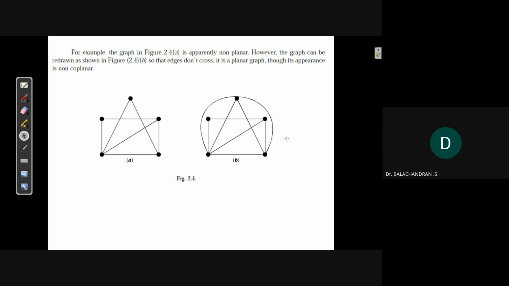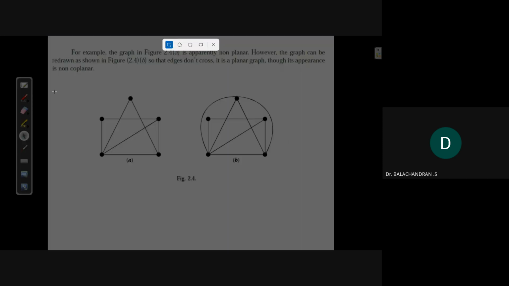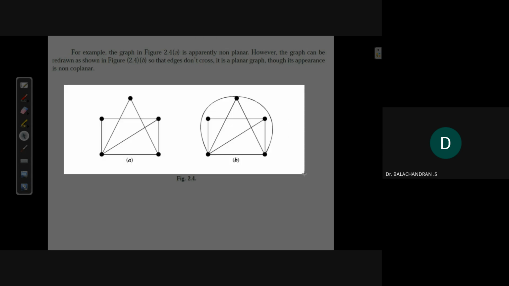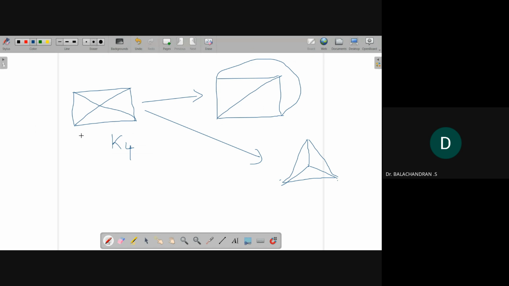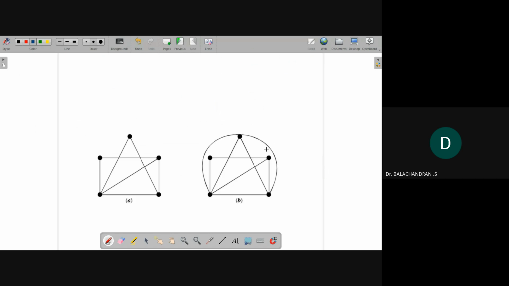Again the same thing they are doing, but there is a small mistake here, I think. Look at this one.